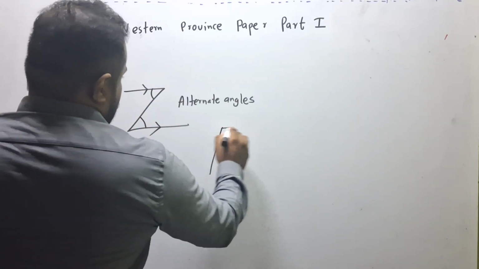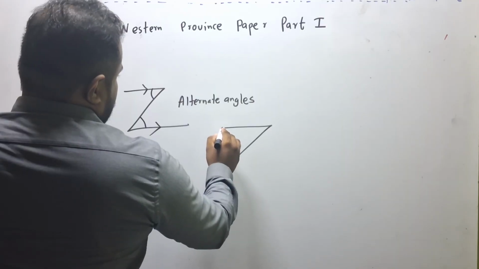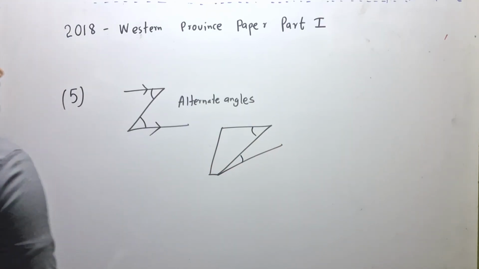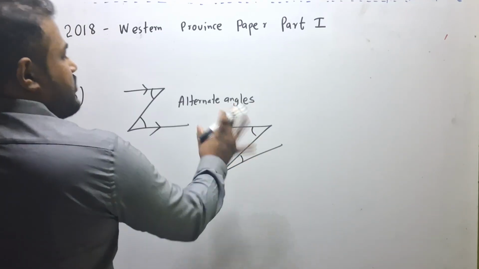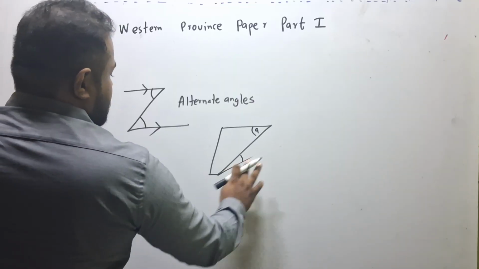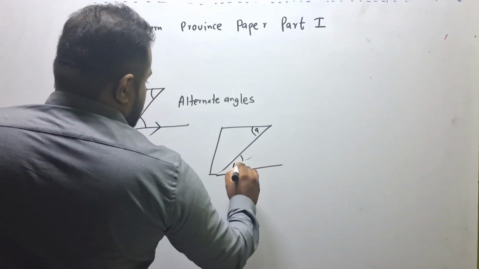Think you have a question like this and you are seeing a Z shape here, but the parallel symbol is not given. So you can say this angle is A and this angle is 40 degrees.